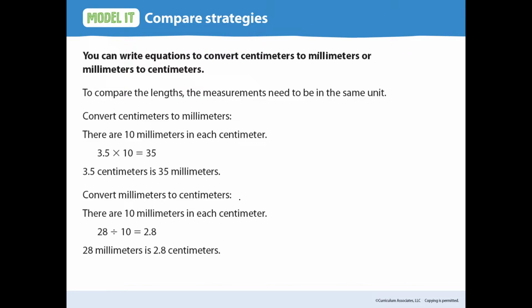To compare the lengths, the measurements need to be in the same unit. Convert centimeters to millimeters. There are 10 millimeters in each centimeter, so we could take 3.5 centimeters times 10 to get 35 millimeters. To convert millimeters to centimeters, there are 10 millimeters in each centimeter, so we can take 28 divided by 10 to get 2.8 centimeters.